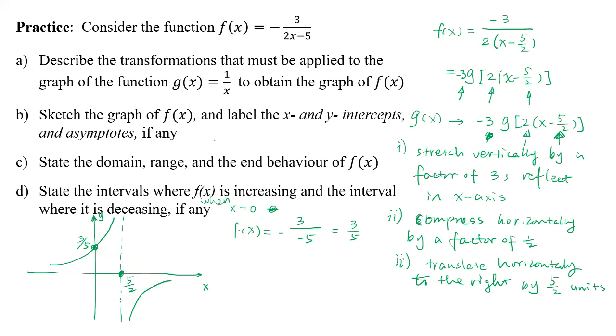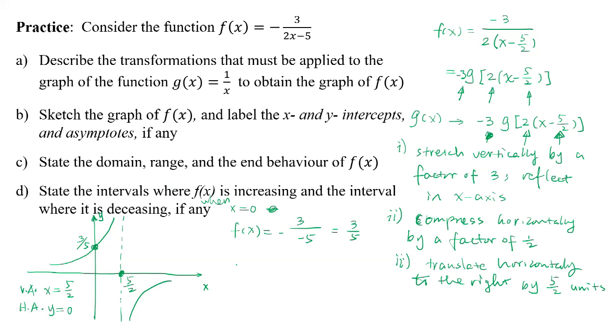As you can see here, there are no x-intercepts. Vertical asymptote, x equals 5/2. Horizontal asymptote, simply y equals 0.